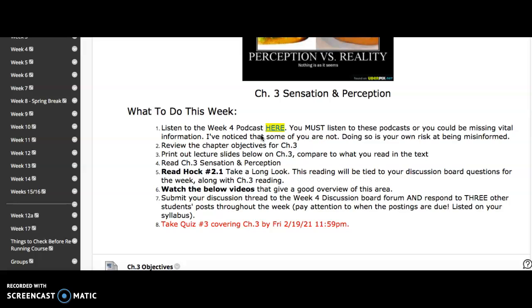I do this because I want to make sure everyone has an equal opportunity to have someone comment on their posts. If everyone picks people early in the week to comment on, then we get left with a big chunk of students who don't have enough people commenting on their posts. So I do it to spread it out and make it even for everybody. Just check that you're doing that, and you should be fine there.